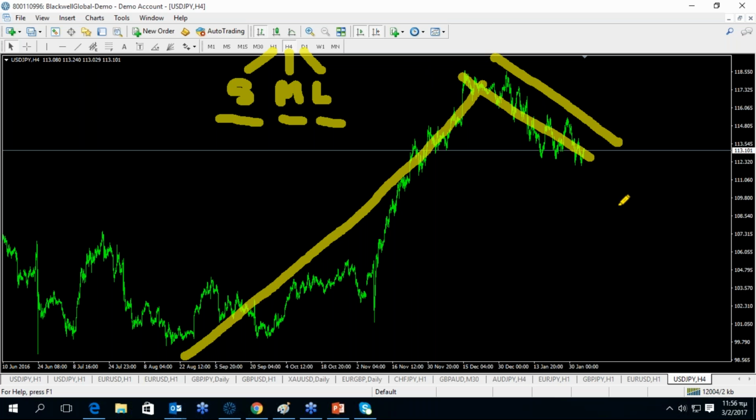Of course, I've got a tip for you. This last couple of months since Trump came into the picture, or even slightly before that, I found that the words currency war have a lot of impact on the market.